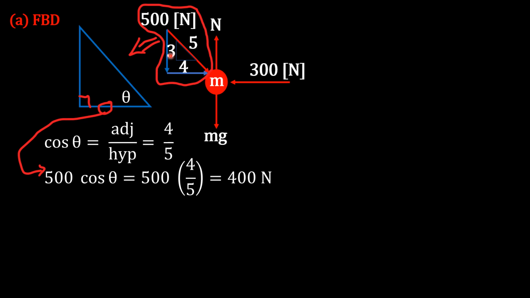So you can take the tan inverse of 3 over 4. If you use this angle that you found from the tan inverse and plug it into 500 times cosine theta, it will give you the same value as 500 times 4 over 5, which is 400 Newton.